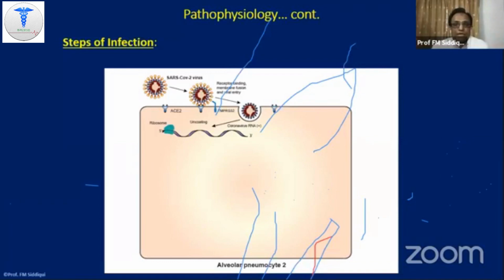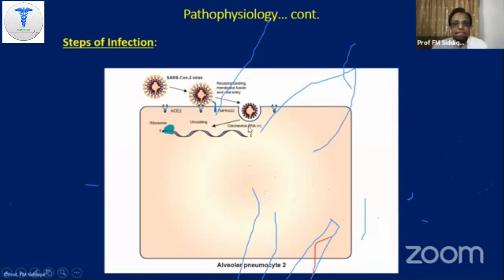This binding is not enough to cause the virus to enter the cells, so another protein comes from the side. This is known as transmembrane protease TMPRSS2. It causes a cleavage and allows the virus lipid bilayer membrane to fuse with the host cell membrane, and then it pulls the virus inside the cell by a process known as endocytosis.